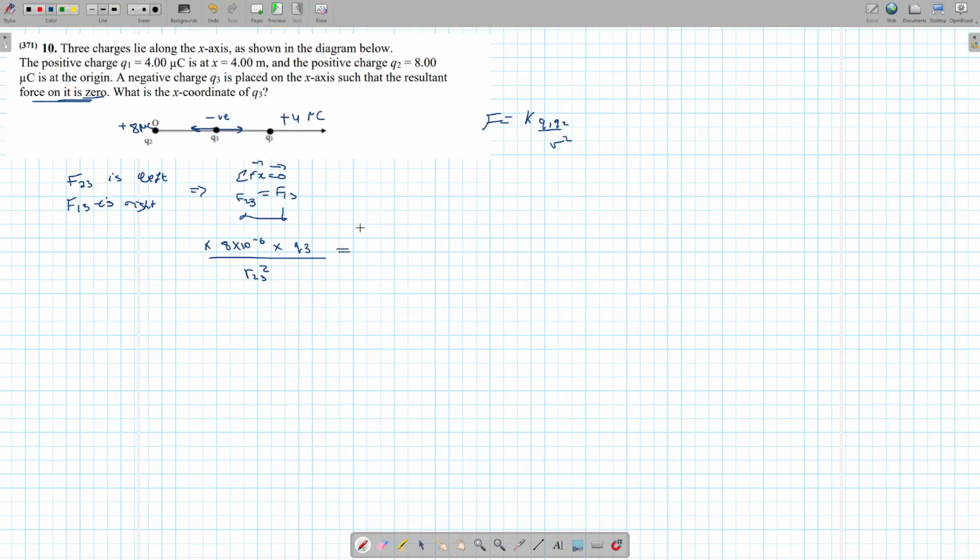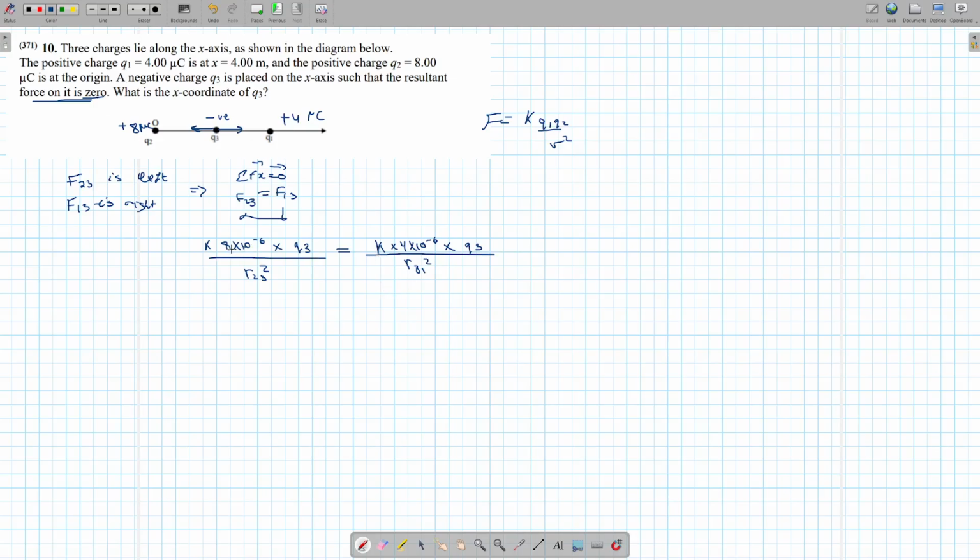This is equal to F13, which is k times 4 times 10 to the negative 6, times Q3, over r31 squared, the distance between 3 and 1, squared.